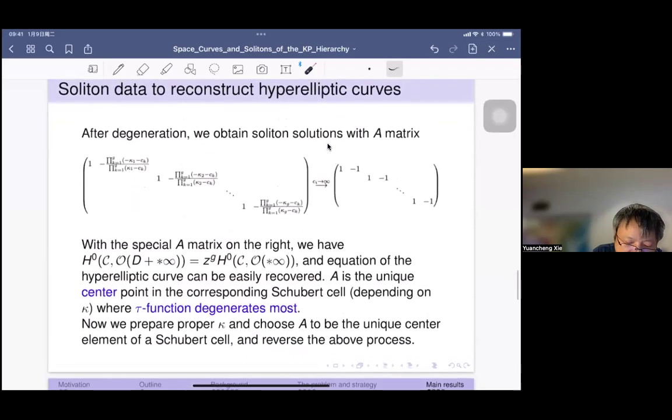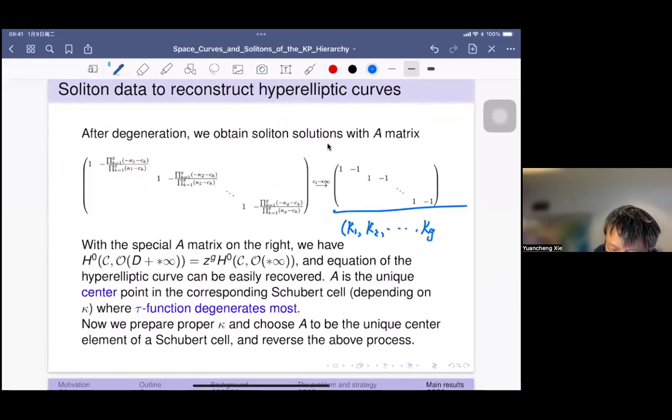So this is still quite complicated. If we want to go back from this to some algebraic curves and to line bundles, to sections of line bundles, it is still quite complicated. Now let's do some further degeneration. Let's say i goes to infinity. Then this matrix becomes extremely simple: 1, minus 1, 1, minus 1, and so on. So we have only this matrix, and also kappa_1, kappa_2, up to kappa_g.